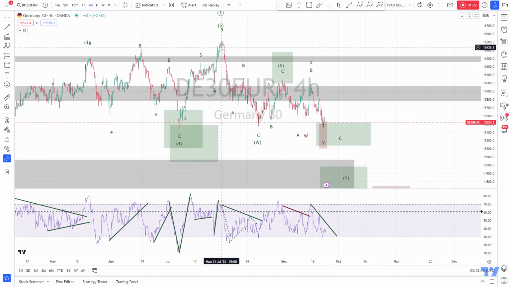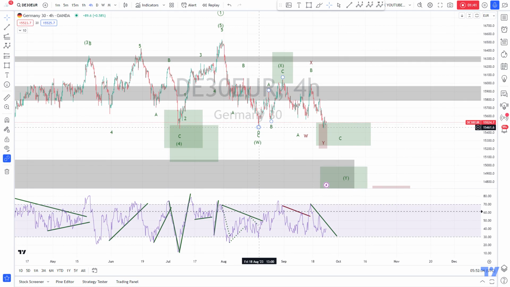But now let's have a look at the corrective structure. Actually the correction can be finished in the DAX because we took out this low here.